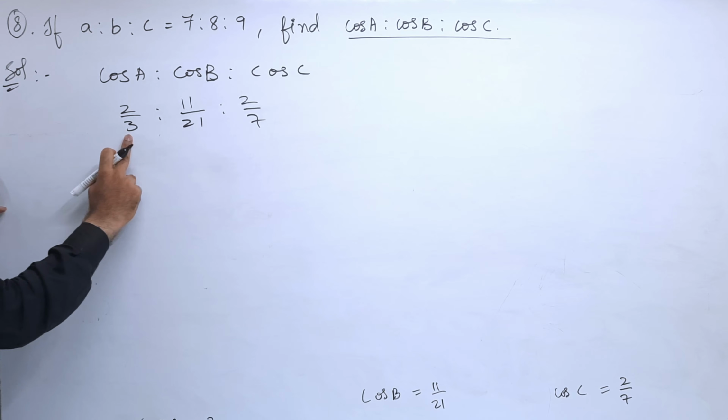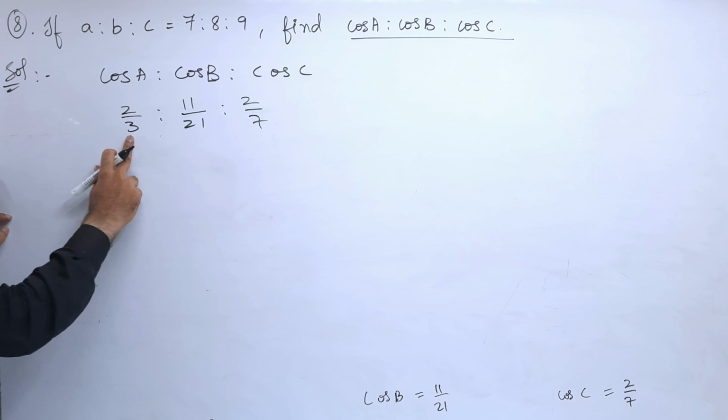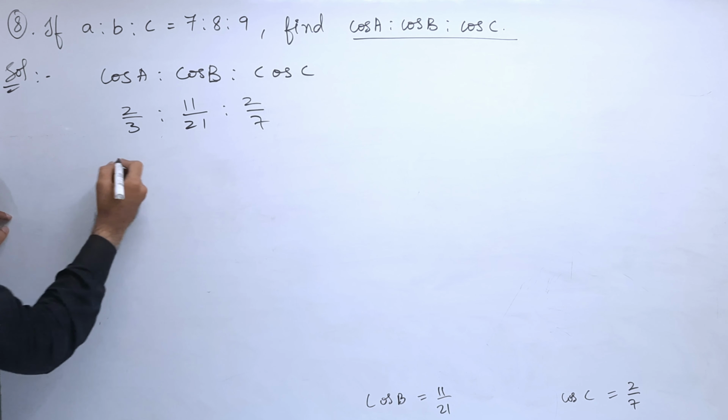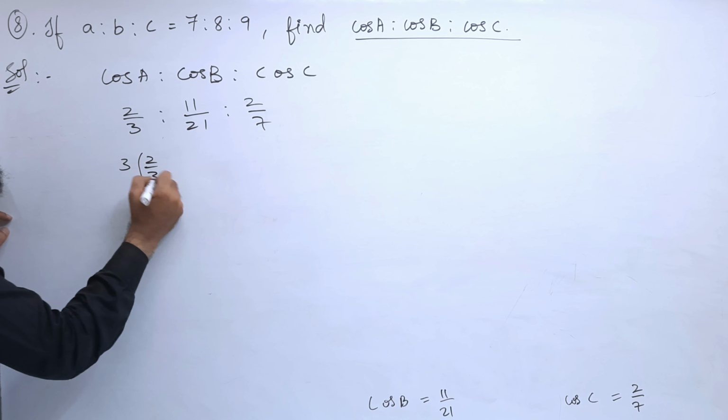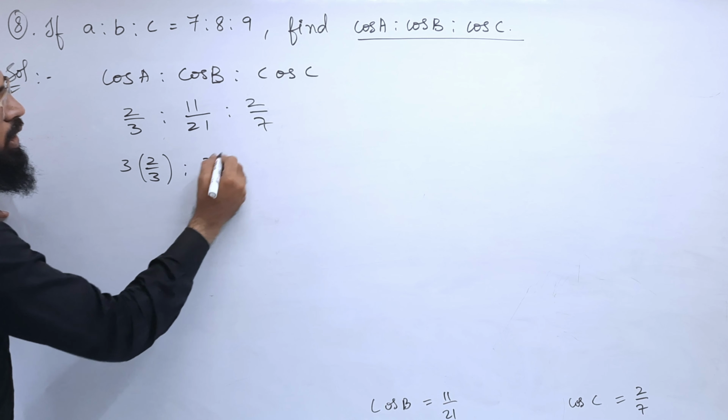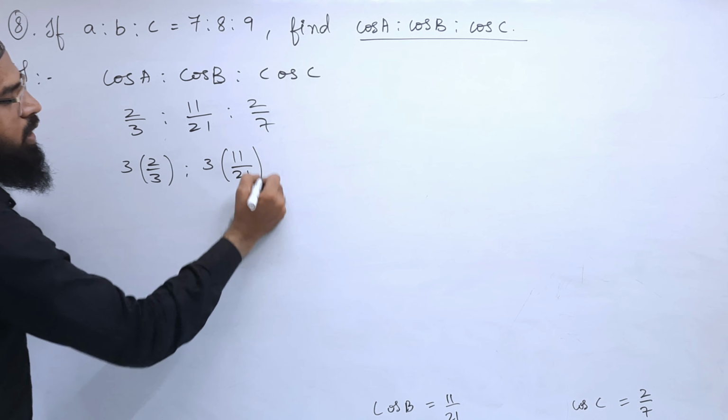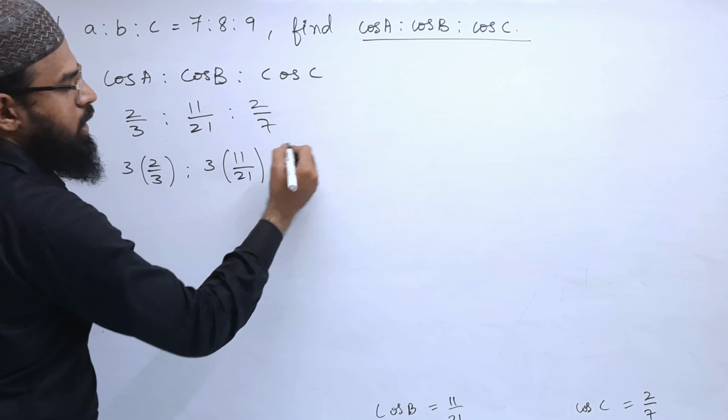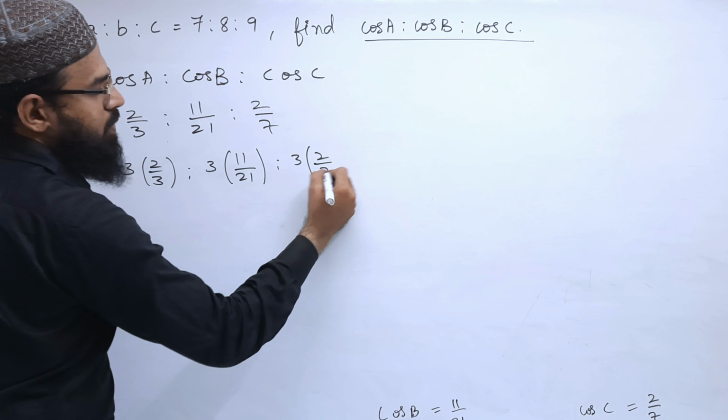First we need to eliminate the 3, so let us multiply the whole ratio by 3.